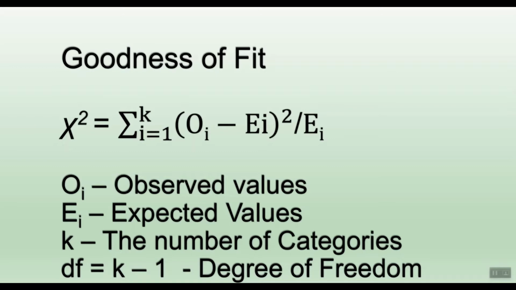The chi-square equals the sum from i equals 1 to k of (Oi minus Ei) squared divided by Ei, where Oi are observed values, Ei are expected values, k is the number of categories, and df, the degree of freedom, is equal to k minus 1.